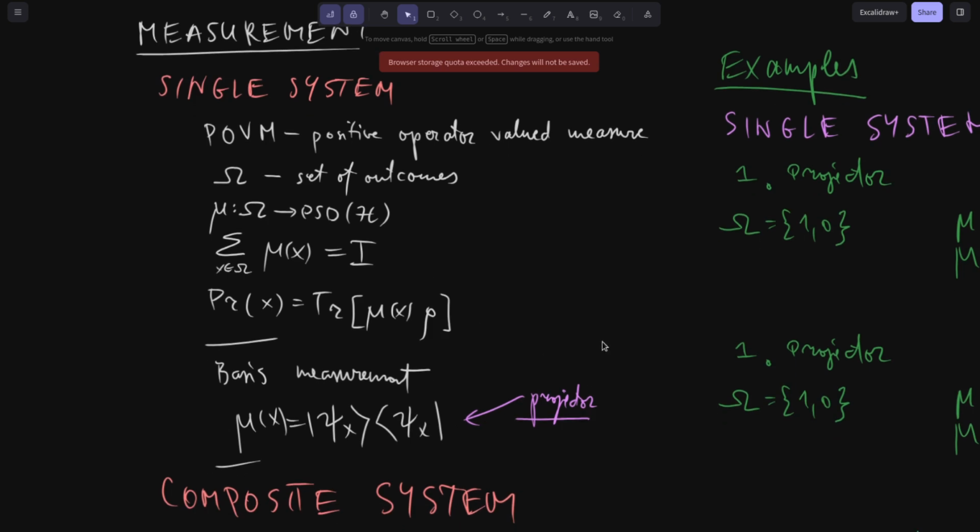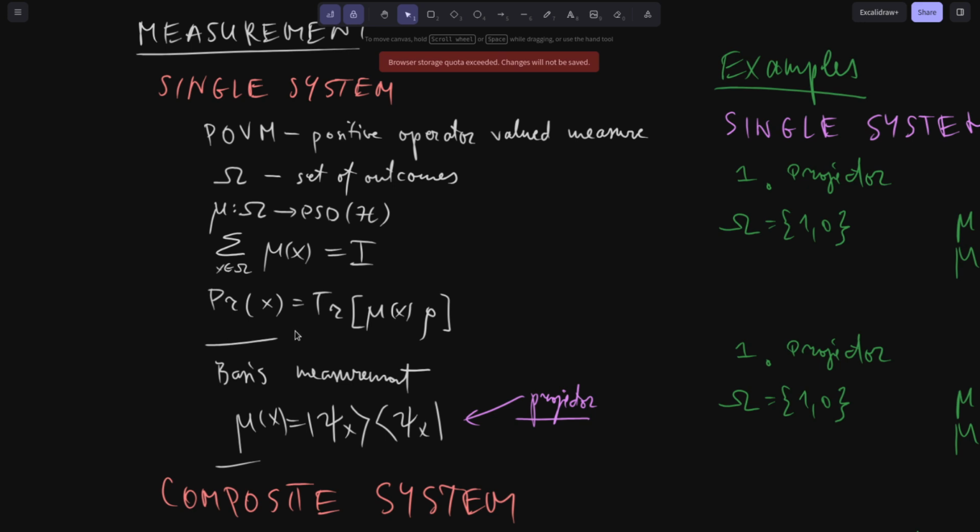It could be not a basis measurement, but the main thing is that a measurement should have some kind of set of outcomes, omega set, and each outcome should be mapped to some kind of PSD operator. Each outcome should produce some kind of state. And the sum of all of those measurement matrices should be the identity matrix.